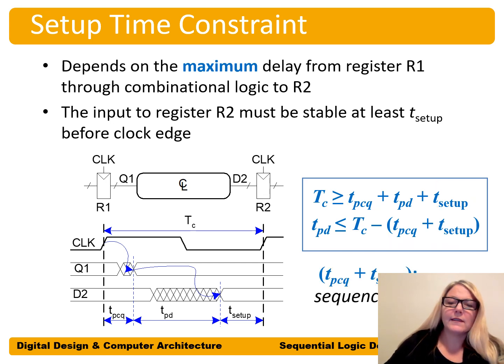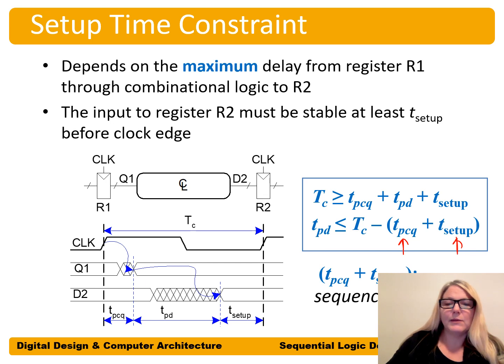And this is kind of overhead, right? Ideally, if this were 0 time and getting into the flip-flop were 0 time, we'd have the entire cycle time to do the work that we need to do, the calculations we need to do, right? The TPD. But we have this overhead of getting the signal out of register 1 and into register 2.